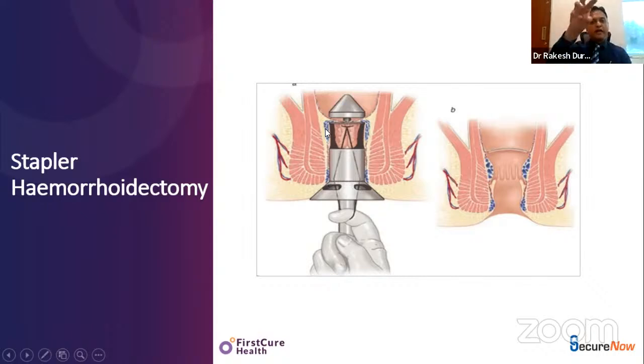Rather, we are going directly up to the base of the hemorrhoid, which is a stapled line in picture B, a nice curvilinear line. The dentate line, the anal valves, is the white color one. So we go much above it. So it's a painless procedure. This is called a stapler hemorrhoidopexy.